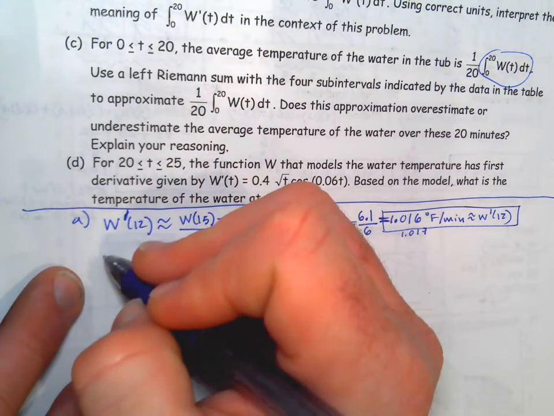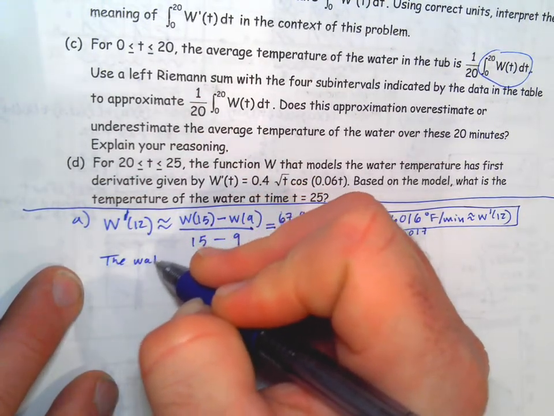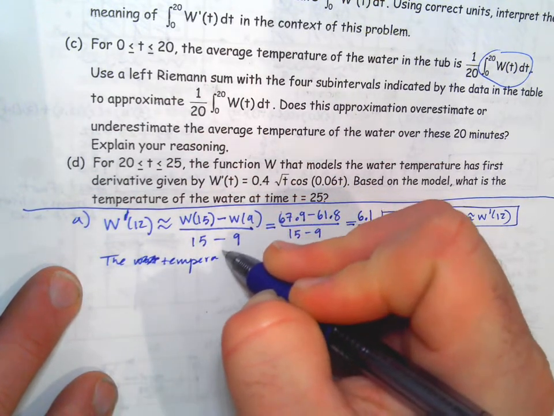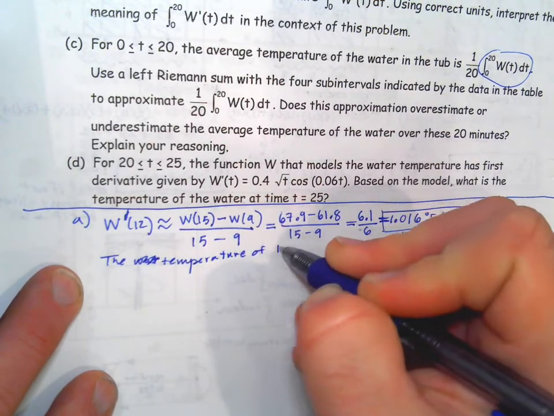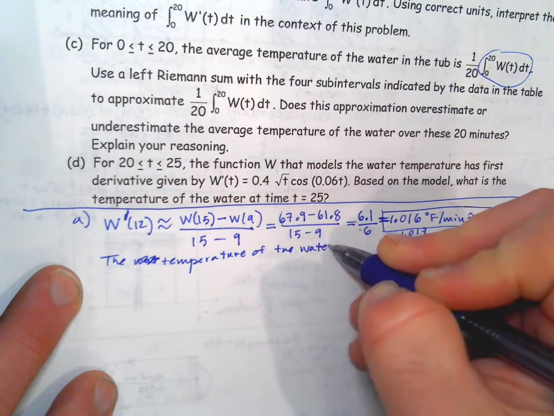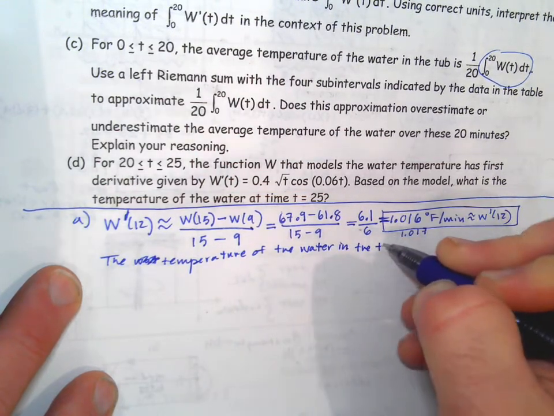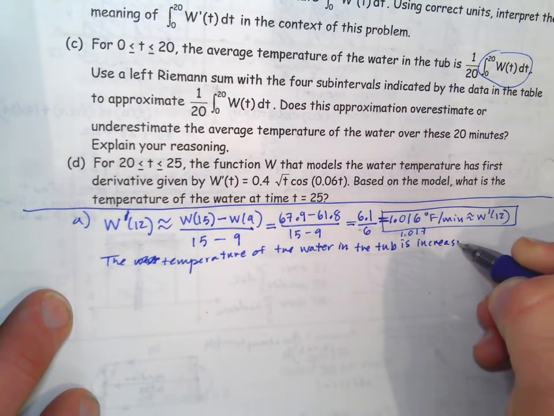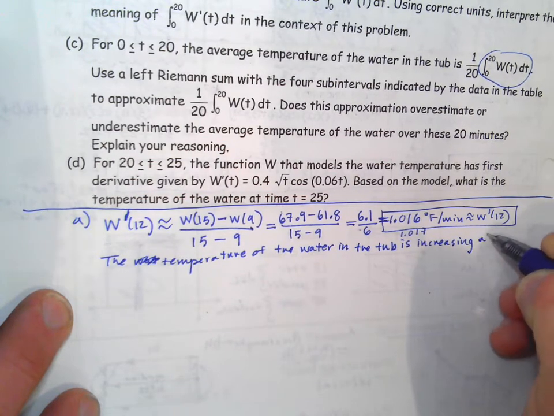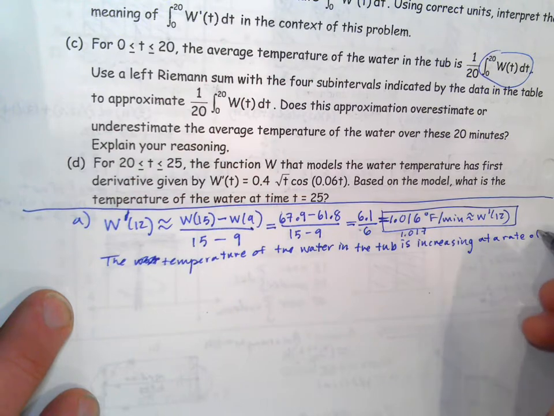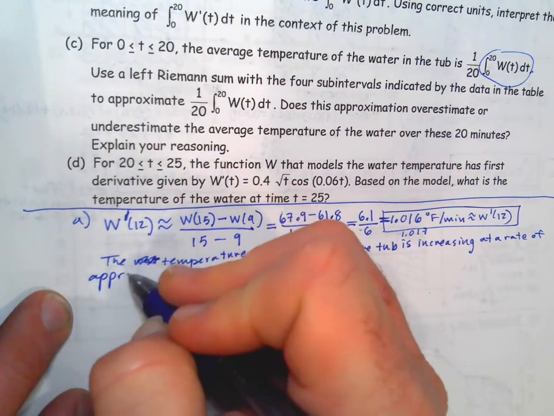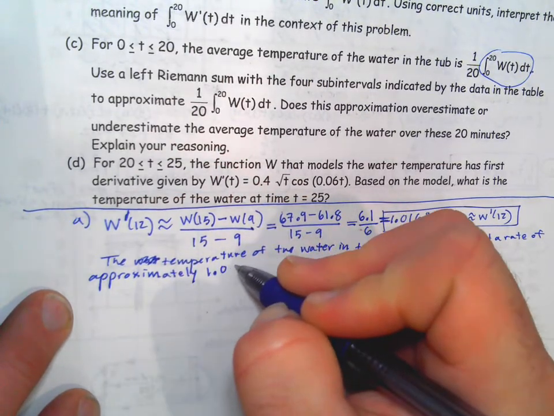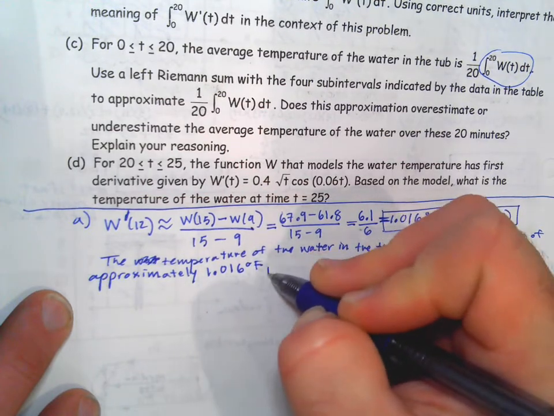So in the context of the problem, we have to say the temperature of the water in the tub is increasing at a rate of approximately, this isn't the actual rate, this is approximate, 1.016 degrees Fahrenheit per minute.